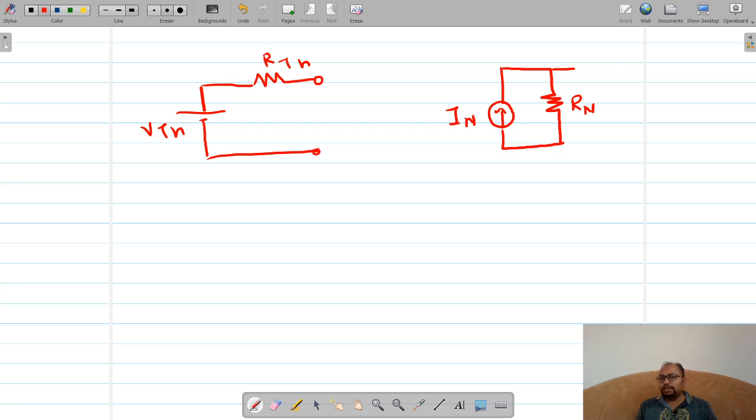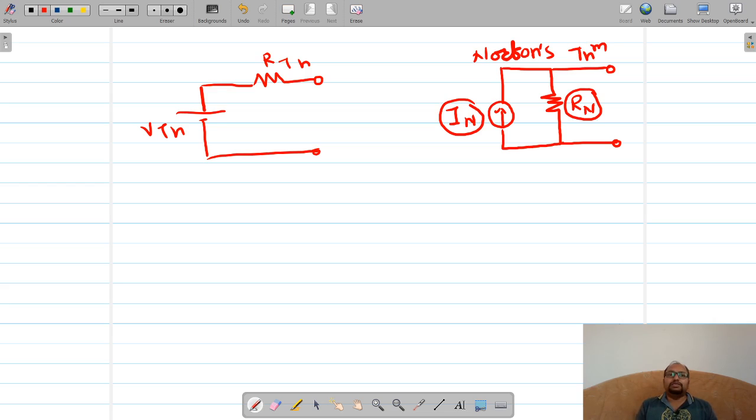This is the equivalent circuit for Norton's theorem. Norton's theorem mainly deals with the equivalent current and its parallel equivalent resistance.